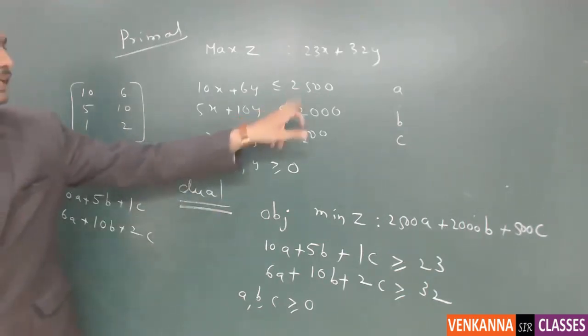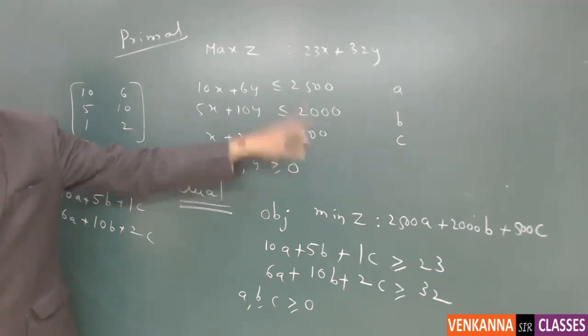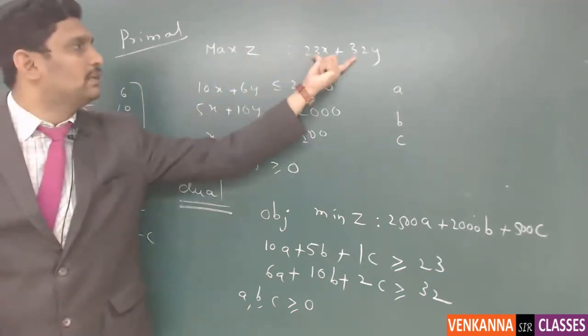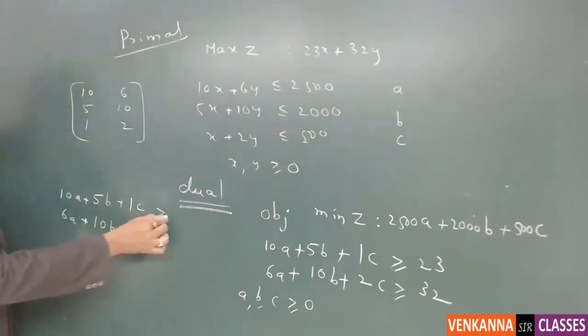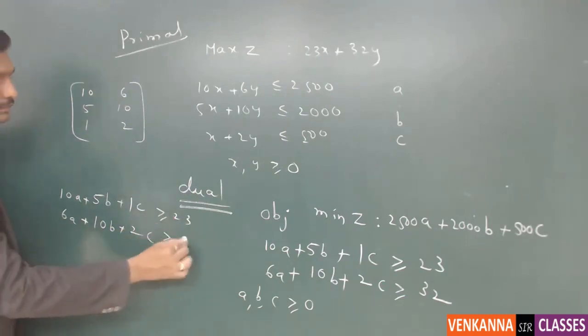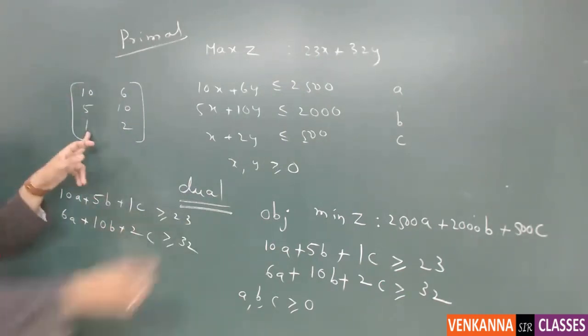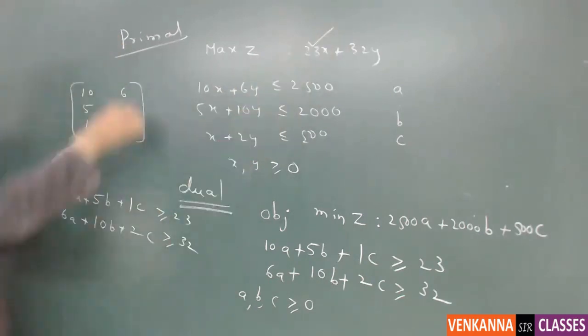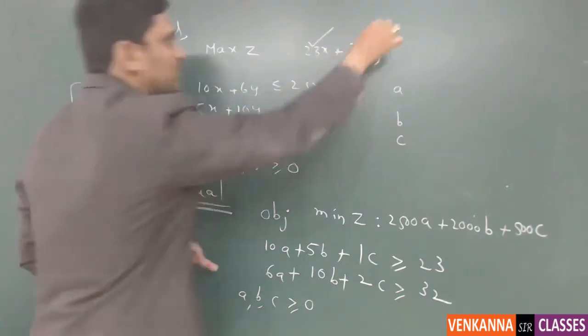So these right hand side constants will come in the objective function, and these things will come here. First column corresponds to the first coefficient, second column corresponds to the second coefficient.